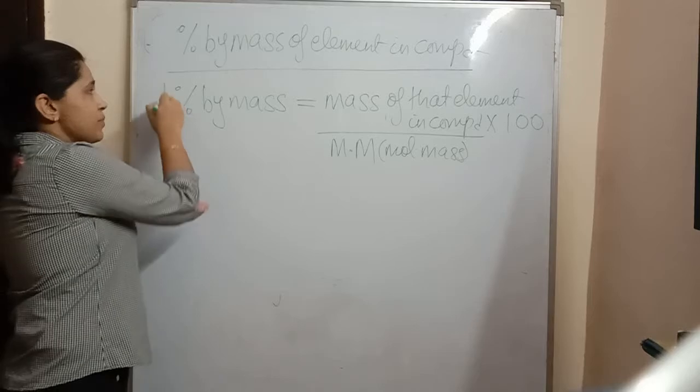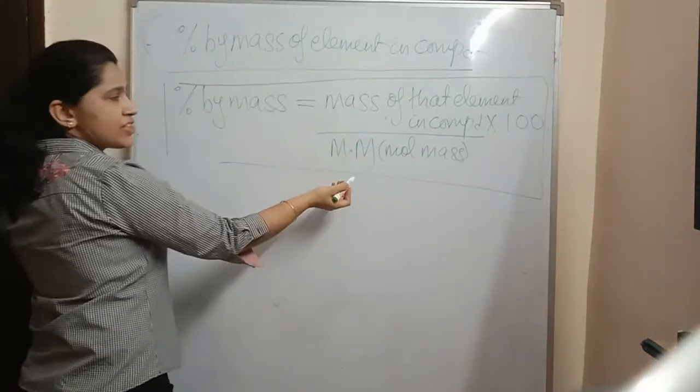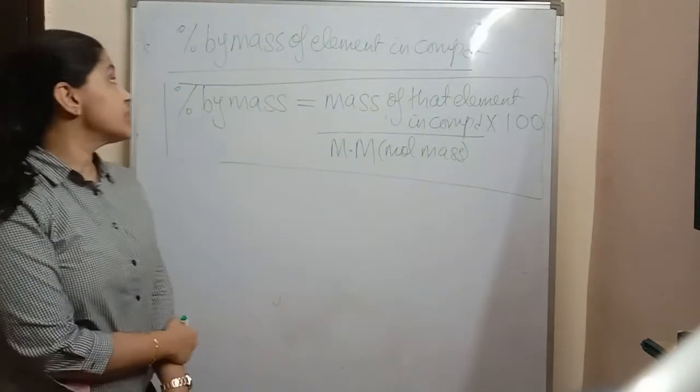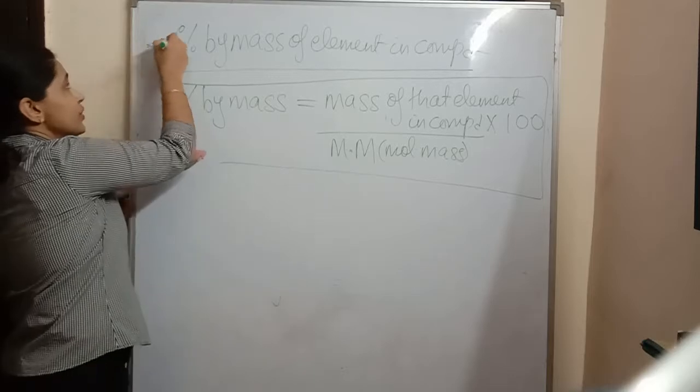So percentage by mass is mass of that element in compound divided by molecular mass into 100. That is the percentage by mass of the element in the compound, right?